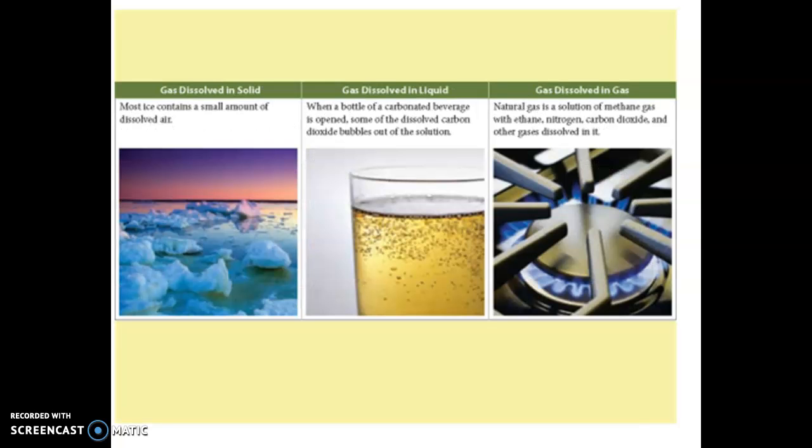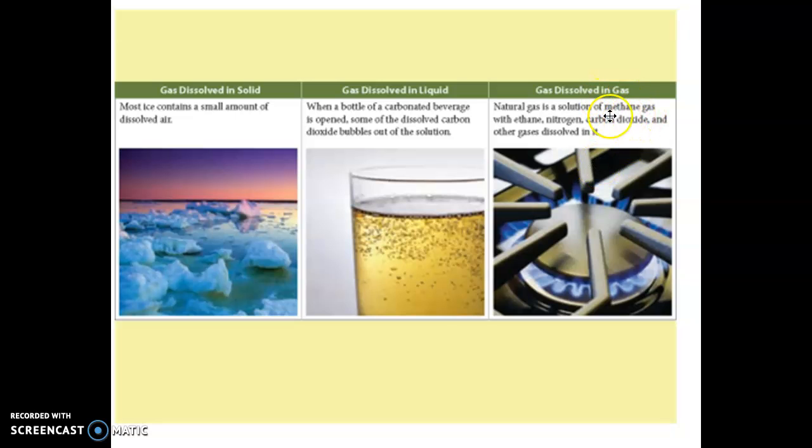Okay. Gas dissolved in a solid. Interestingly enough, air is often trapped inside of ice. Even ice cubes inside of your freezer have trapped particles of air between them, in the space. Gas dissolved in liquid, we already talked about a carbonated beverage, and gas dissolved in gas.